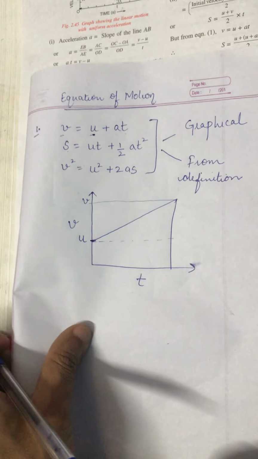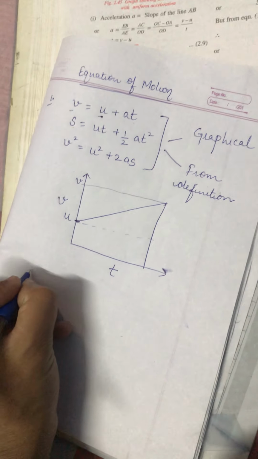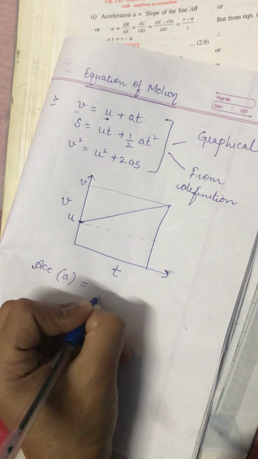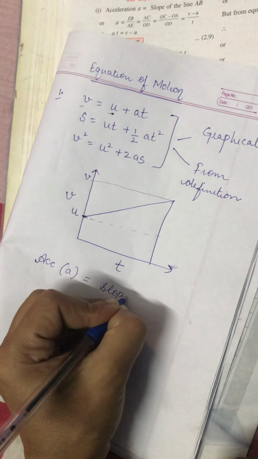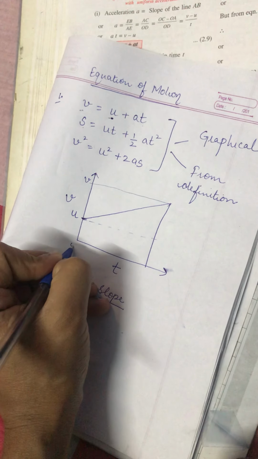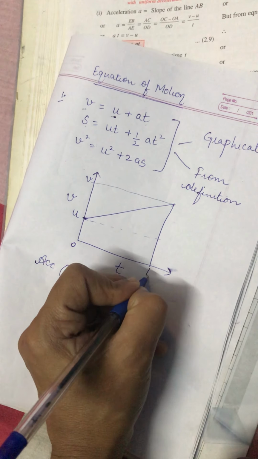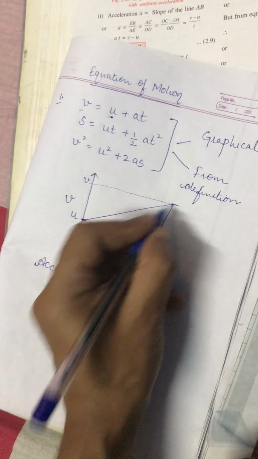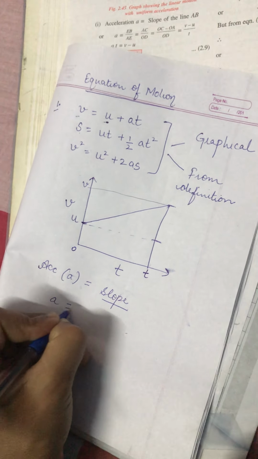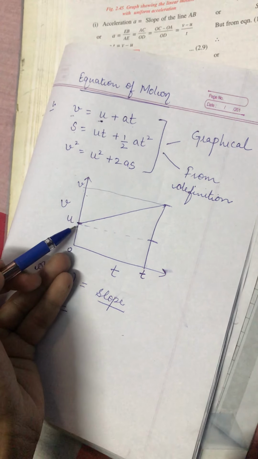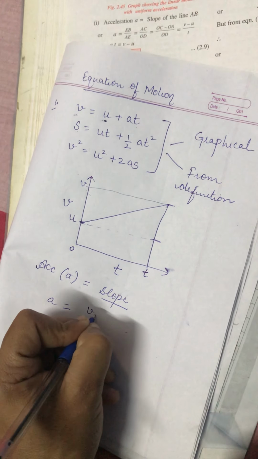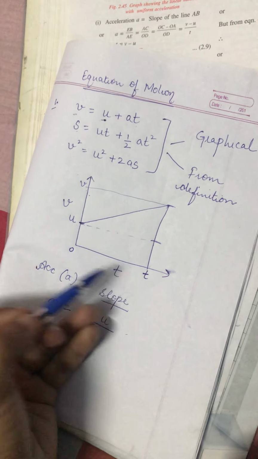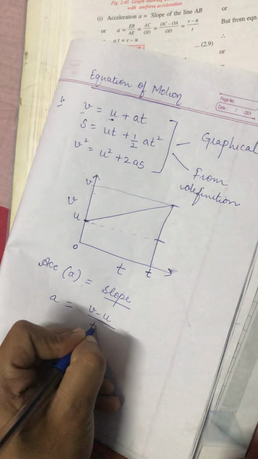Okay, so now we know that if I have to find out the acceleration from the v-t graph, I will take the slope. So let's mention 0 here and t here. Is that done? Now what is the slope? a is equal to y2 minus y1, so that is v minus u upon x2 minus x1, that is t minus 0, so that is coming out to be t.